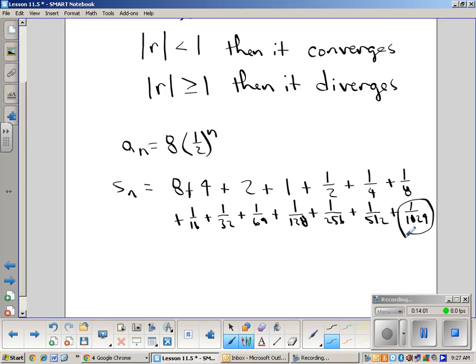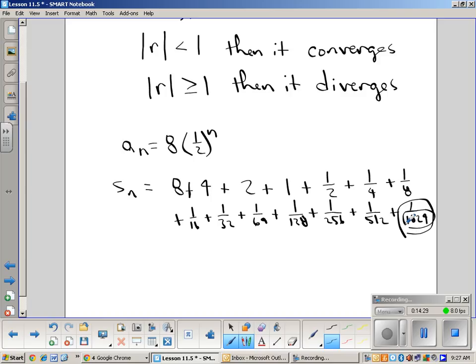At some point, this bottom is going to be so big that the value of that is not going to be worth anything, is it? It's never going to get to 0, is it? That's kind of what an infinite series looks like. It's never going to get to a number, but when it converges, that means it's approaching a number, and at some point we're not going to be adding any more to it, are we?